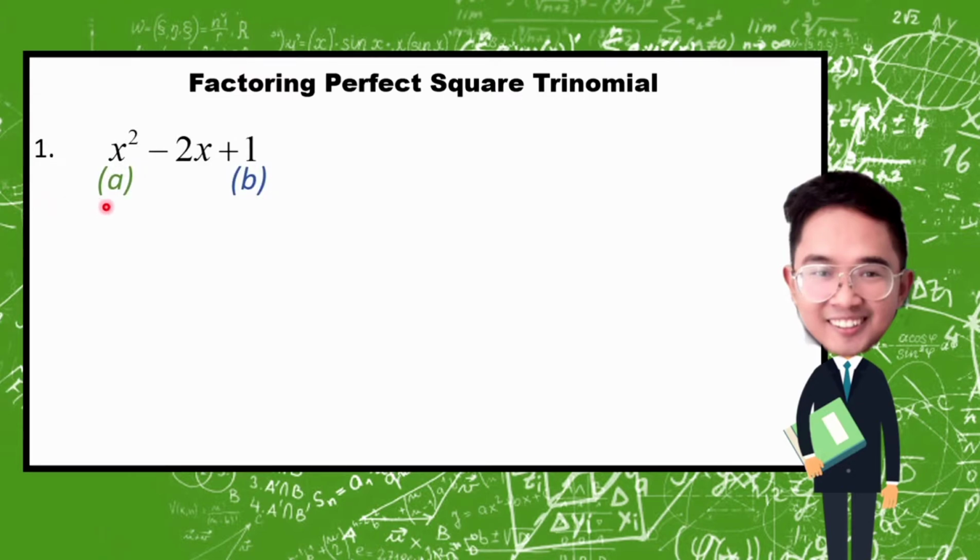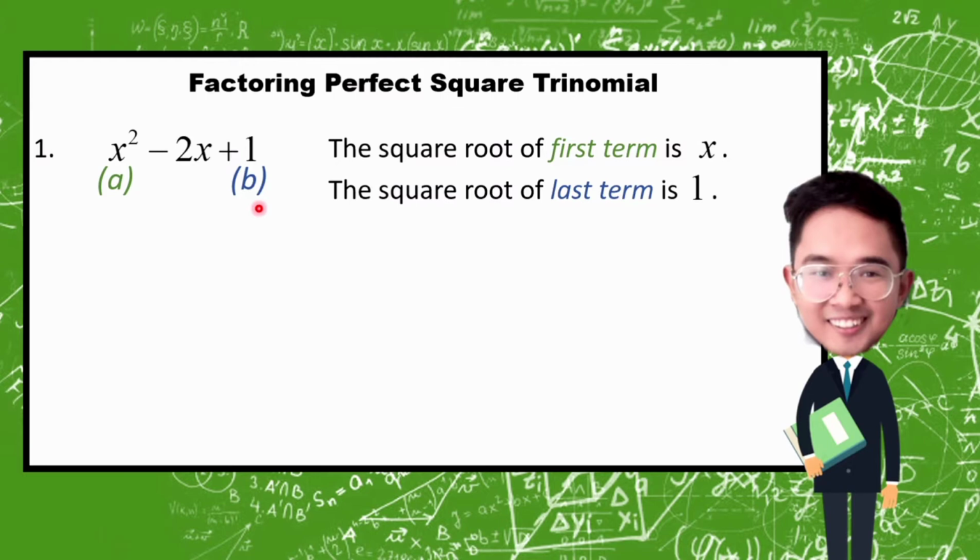Let's have x squared minus 2x plus 1, wherein the first term is x squared and the last term is 1. Now, my question is, what is the square root of the first term? Okay, good. The square root of the first term is x. How about the square root of the last term? The square root of the last term is 1.